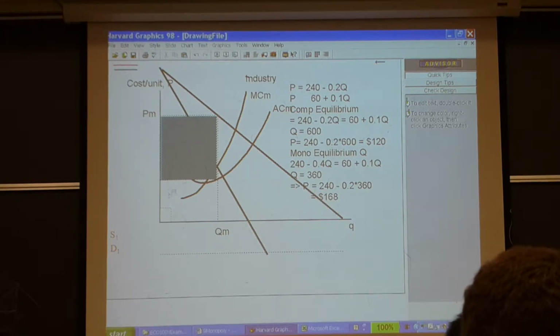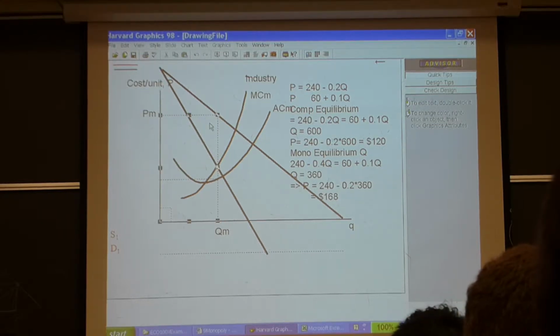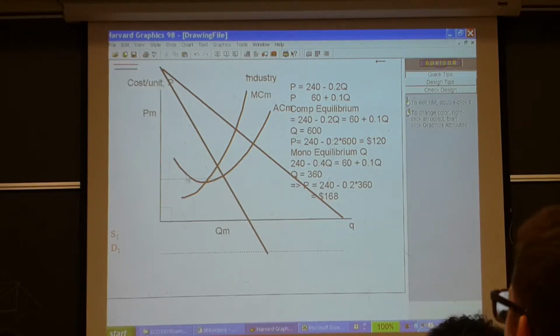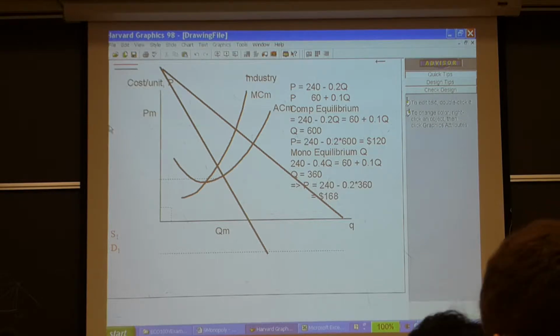Now notice everybody here. Let me get rid of this for a moment. We'll come back to it later. In this case, we have the same thinking that we had before. Profit is maximized so long as the revenue from an additional unit is greater than the cost from an additional unit. Everybody notice this? So for example, here, the revenue from an additional unit is greater than the cost.